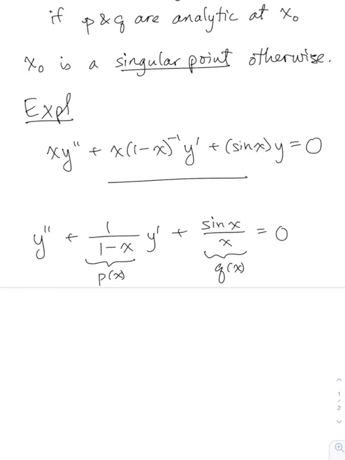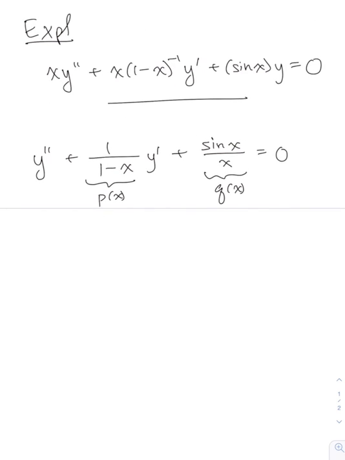Okay. All right, we want to know where are p and q analytic. Well, p is just a rational function, so p is analytic everywhere in its domain. The only place it's not defined is at 1, so it's analytic everywhere except x equals 1.